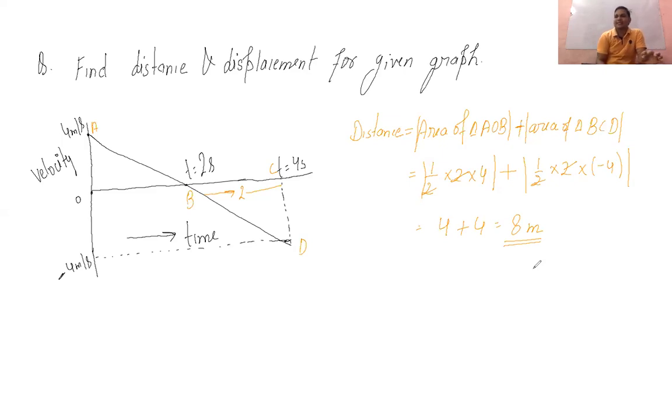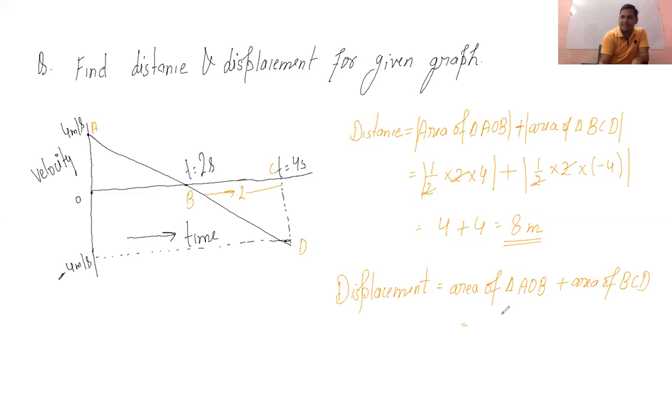While in case of displacement, what will happen? In case of the displacement, you need not write the mod. So this will be area of triangle AOB plus area of triangle BCD.